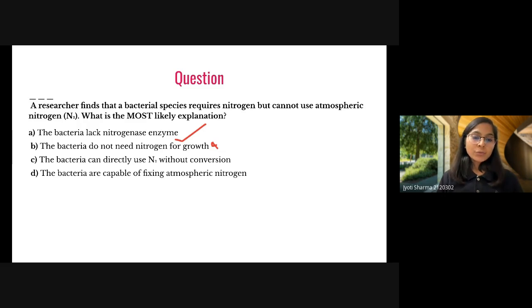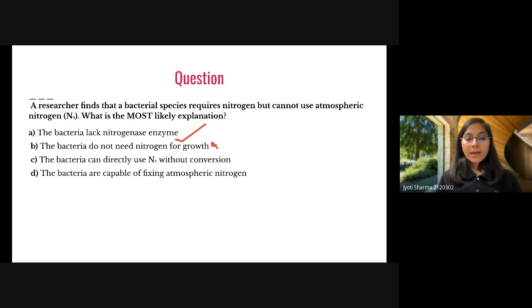Then bacteria can use N2 without conversion. No, this is not the option, because whatever organism we are talking about, eukaryotes and prokaryotes, we need nitrogen, and some of the bacteria can transform this N2 into the ammonia stage. But if they are not able to do this, that means they are lacking this.